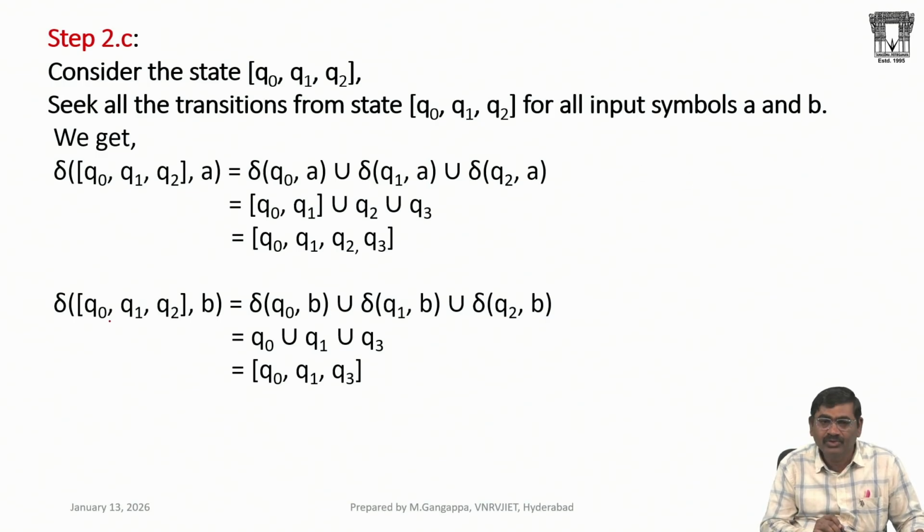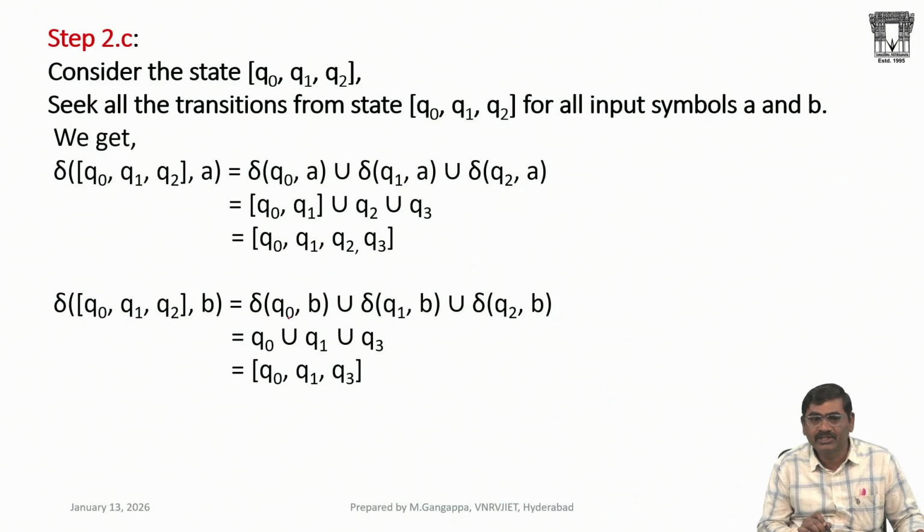Next one is Q0 Q1 Q2 on B. This transition can be expanded as Q0 on B, what is the next state? Q1 on B, what is the next state? Q2 on B, what is the next state? Q0 on B, Q0 is the next state from the NFA diagram. Q1 on B, Q1 is the next state on the NFA diagram.